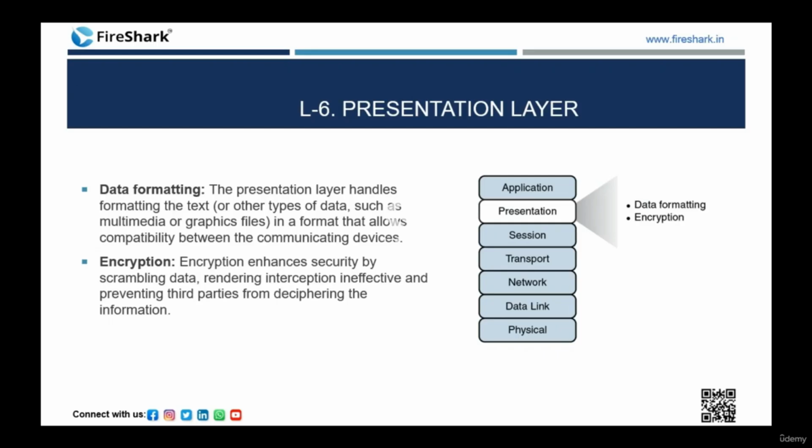Encryption enhances security by scrambling data, rendering interception ineffective and preventing third parties from deciphering the information. So basically on this layer the data is encrypted and becomes more secure and unbreachable. So the main work of the presentation layer is data formatting and encrypting the data.